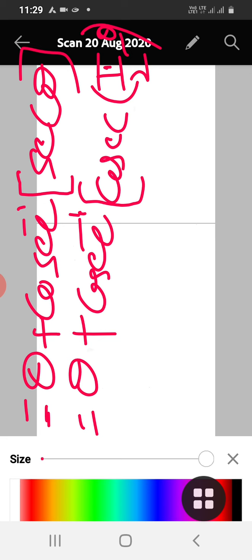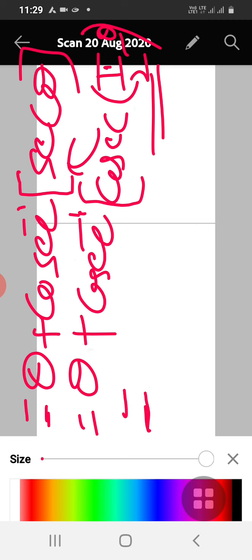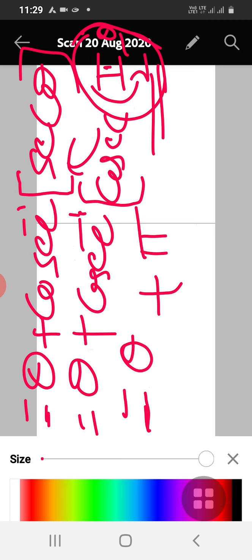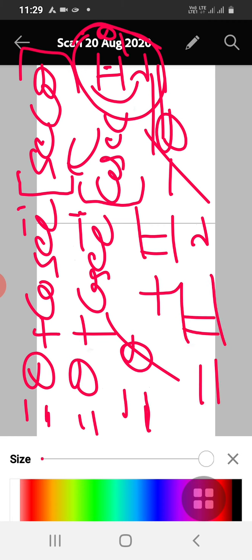Pi by 2 minus theta lies in the first quadrant, and cosecant changes its ratio, so it becomes secant theta. Then I can write theta as it is, plus this whole thing, pi by 2 minus theta. So this theta cancels, and I will get pi by 2.